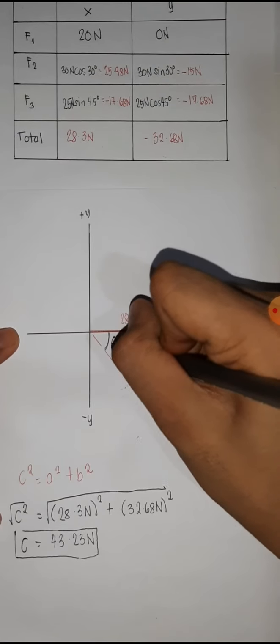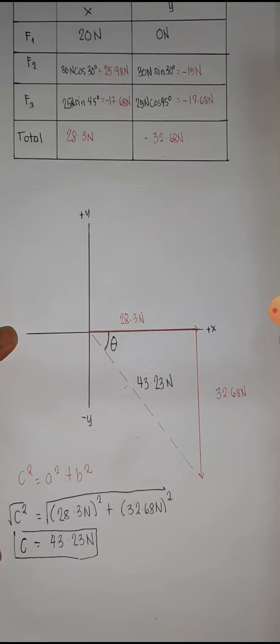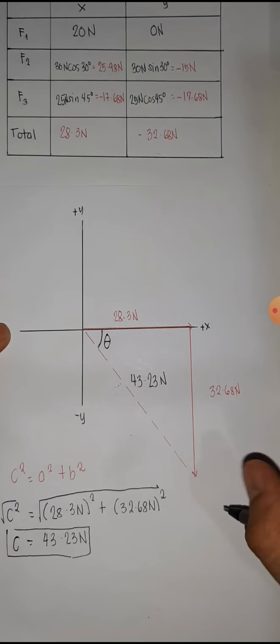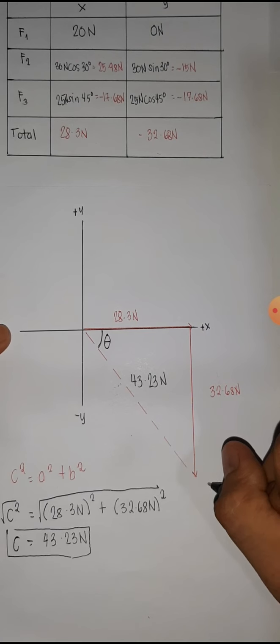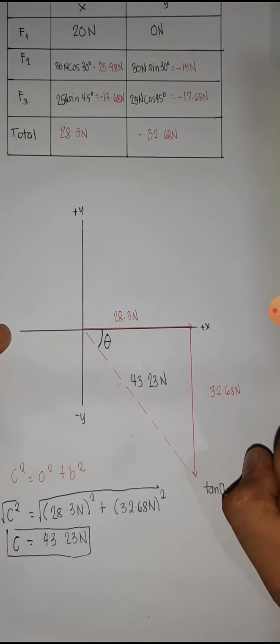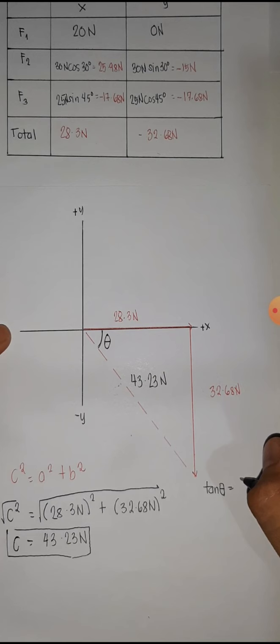We don't know yet what the angle is, but we know that this one is opposite the angle and this one is adjacent to the angle. Opposite and adjacent means we'll be using tangent. Tangent theta is equal to opposite over adjacent.